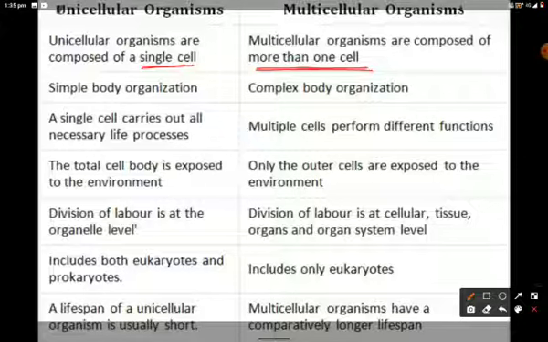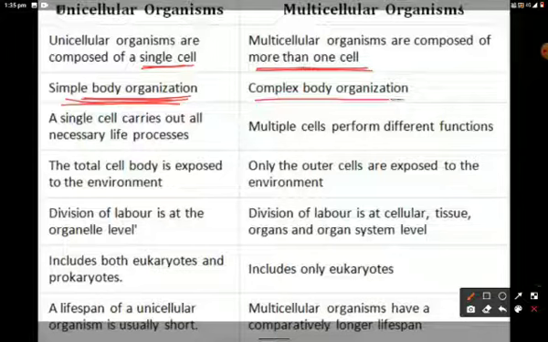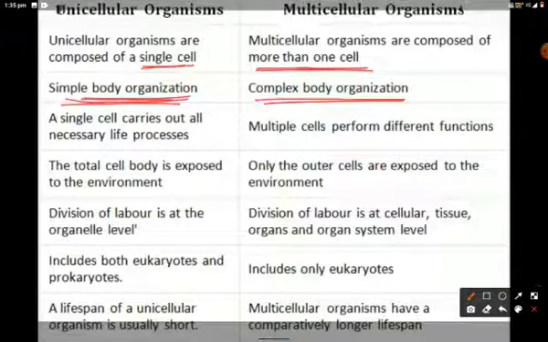Simple body organization. They have simple body organization. That means only a single cell, small body, simple. Complex body organization. So many organs, so many tissues, as well as cells are there in multicellular organisms. A single cell carries out all necessary life processes.